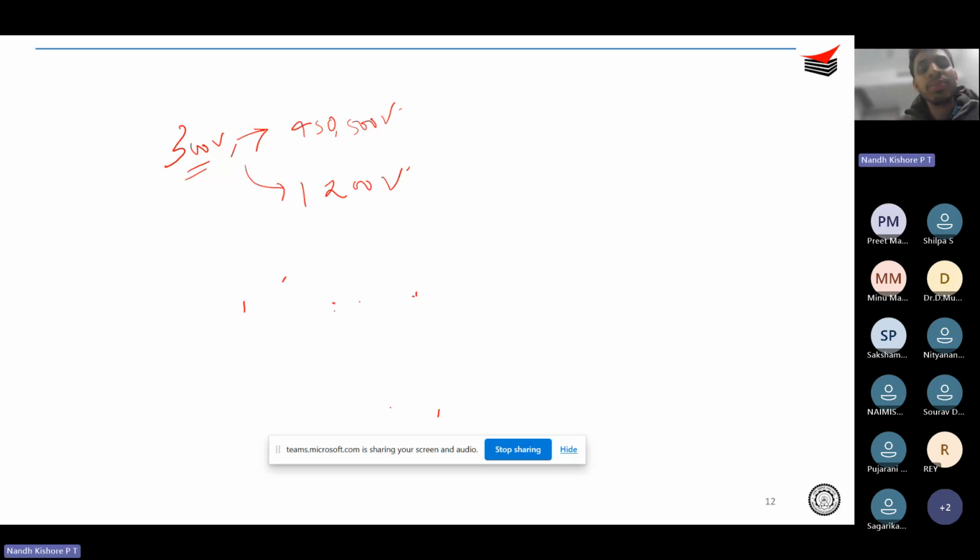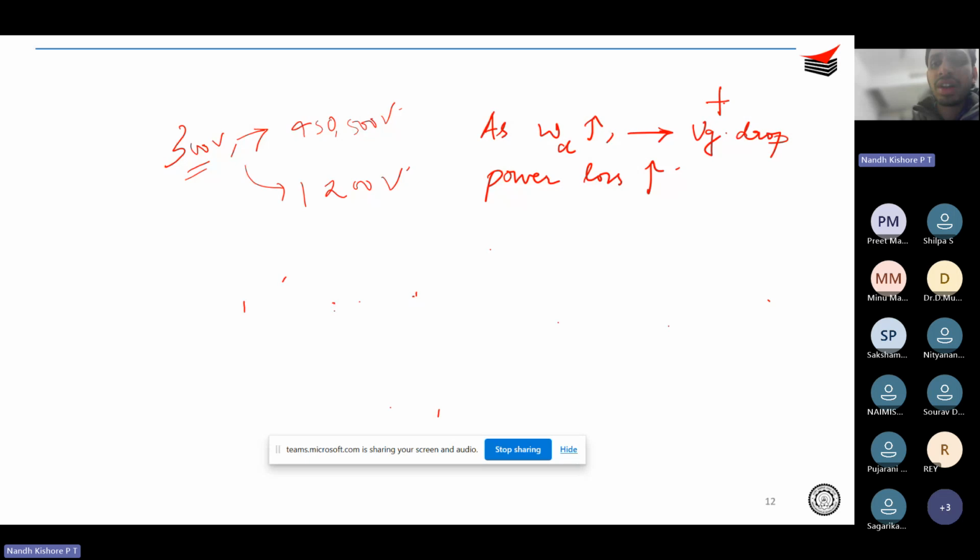It turns out that as WD increases, power loss also increases. This is because as WD increases, the forward voltage drop also increases. Therefore, your power loss increases.